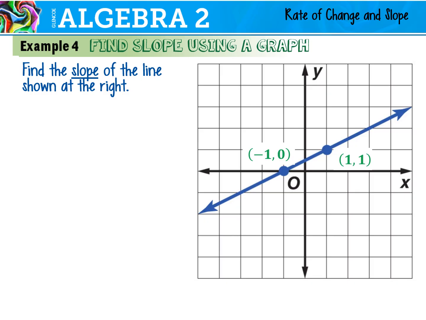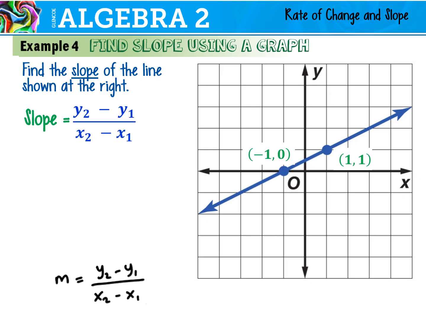Next one, find the slope of the line. Slope is the change in y's over the change in the x's. And there's our first point, second point. We could count, but I'm going to calculate using our formula.